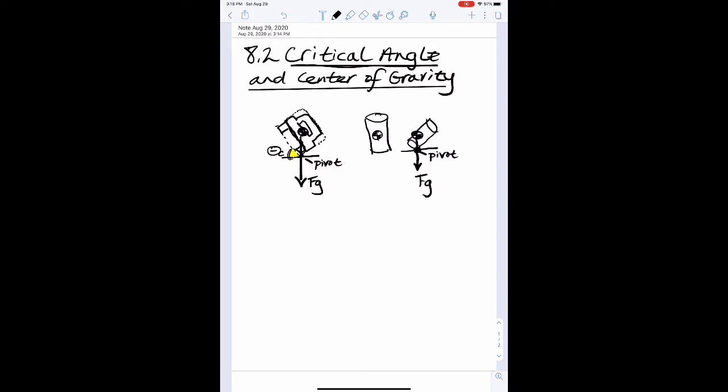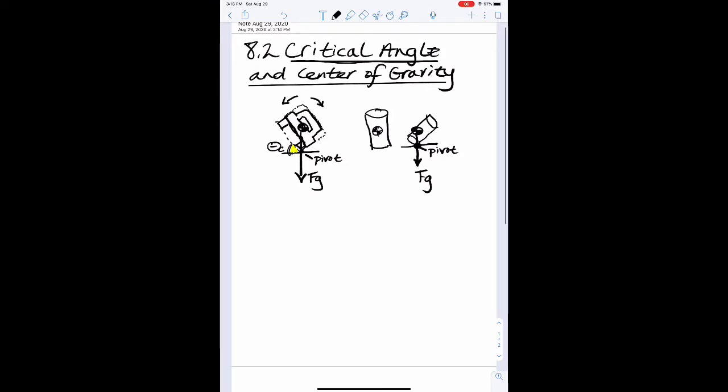If it goes to the right of the pivot, it's going to torque clockwise, and if it goes to the left of the pivot, it's going to torque counterclockwise. So by keeping the center of gravity right over the pivot, we have zero torque, and the car balances, or the pop can balances.